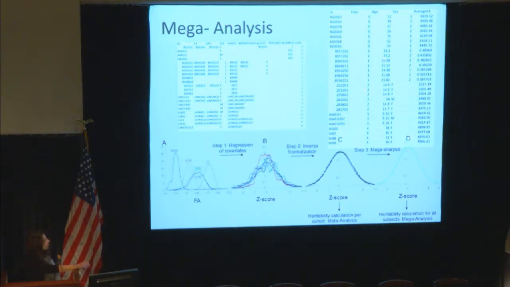Also, some data sets may multiply the FA value by a large factor to be able to see these as integers, and some others use floating points, so this can also distinguish between that. And then we do the normalization that Peter talked about, where we take the 5 different data sets, and you can see how different the distribution is in each one. We regress out the covariates, and we normalize the remainders and perform a mega-analysis.